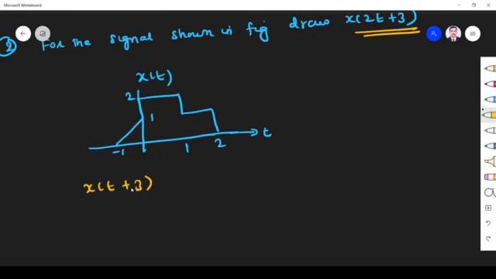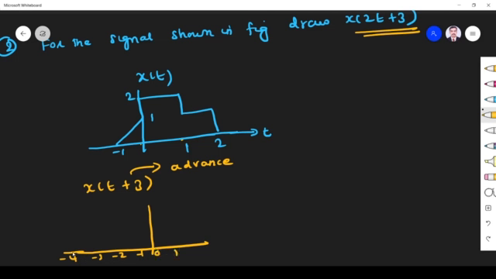T plus 3 means it is an advance, not a delay. If it is delayed by 3 hours, it will come at 2 o'clock, so sorry, 3 hour advance. T plus means advance. So it will go 3 hours advance, which means it will start at minus 4 itself. So minus 4, minus 3, minus 2, minus 1, 0, 1.